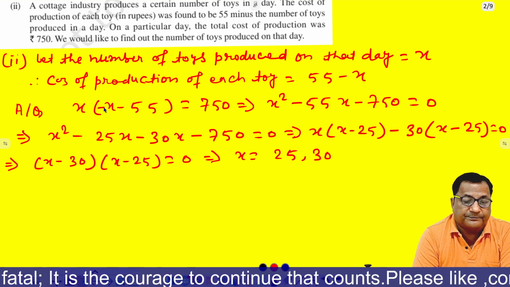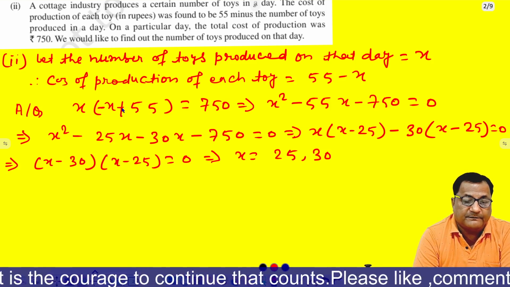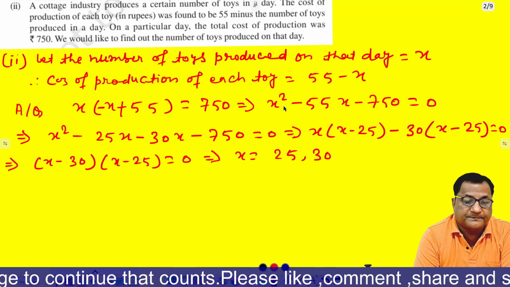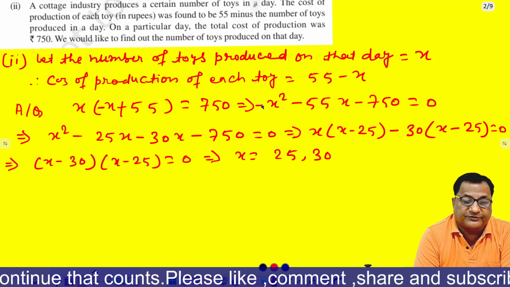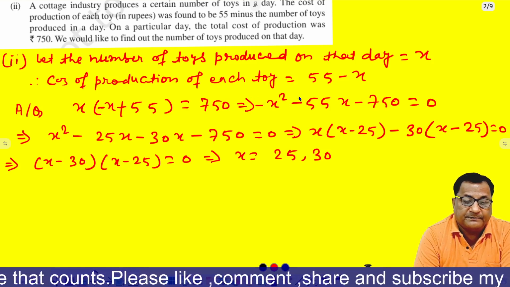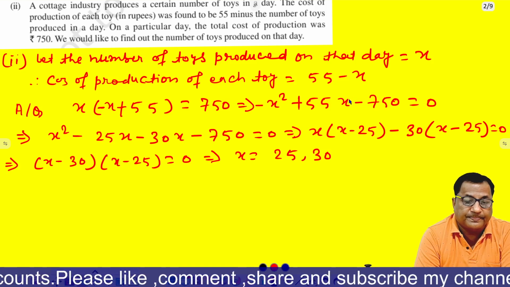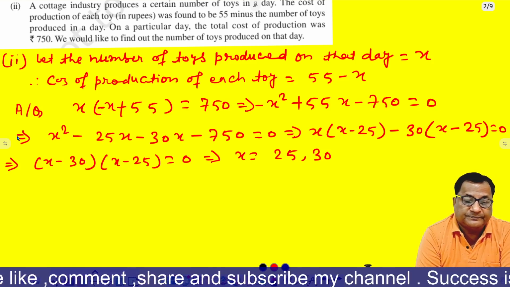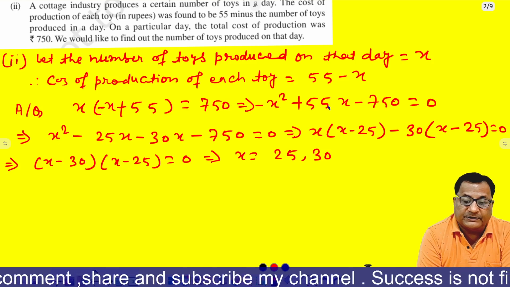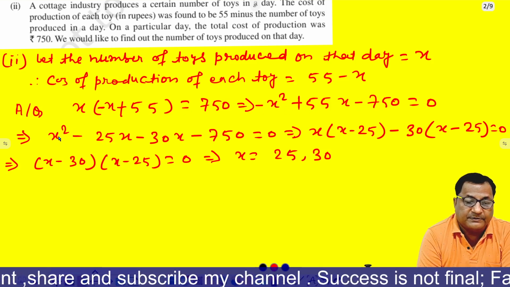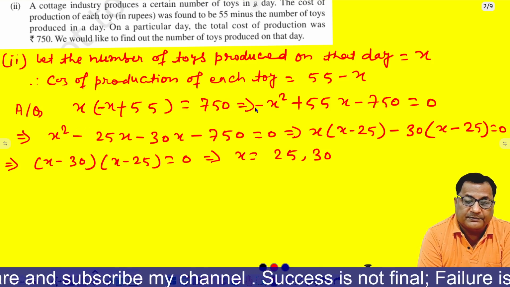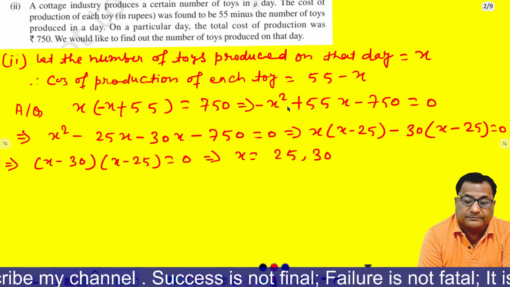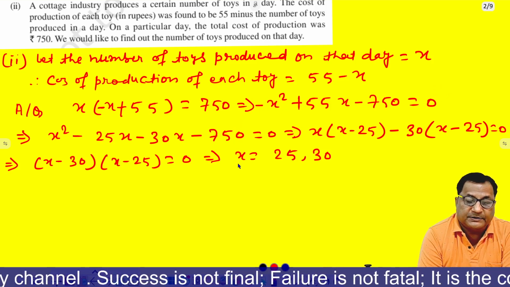Then 55 minus x into x gives minus x square plus 55x minus 750 is 0.